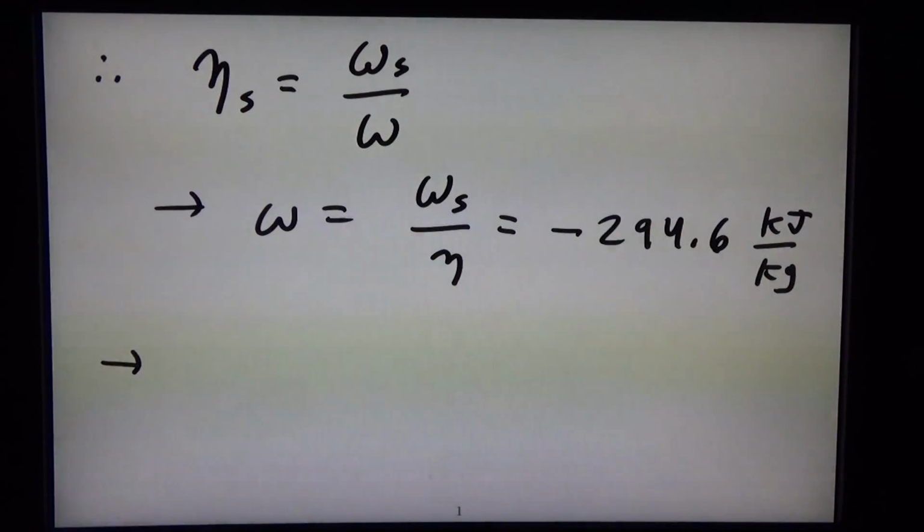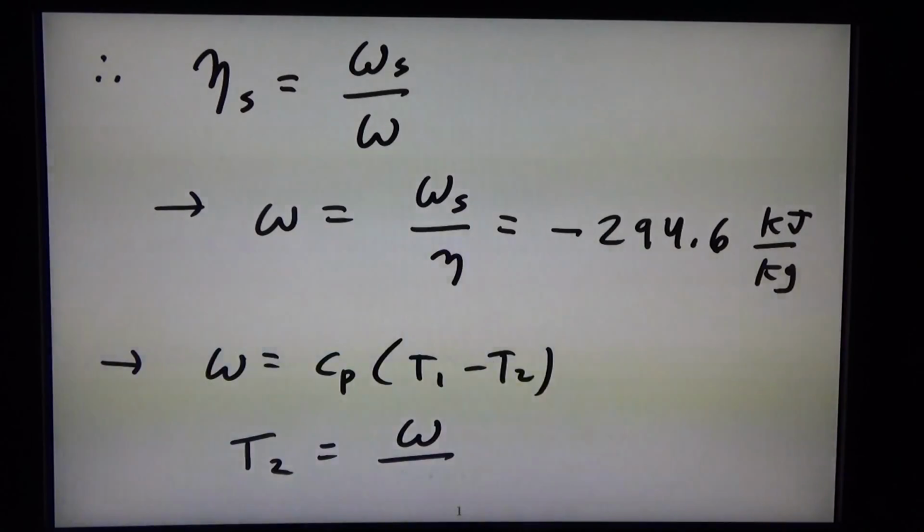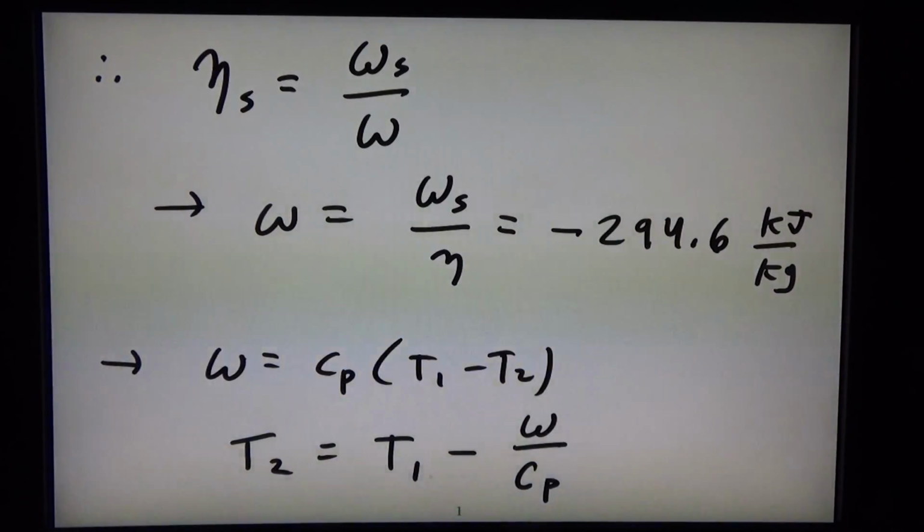So if we have the actual work is equal to C sub P times T1 minus T2, then our T2 is T1 minus work divided by C sub P. So we're going to have to get C sub P average between T1 and T2, but we don't really know what T2 is, so we can just assume a C sub P at T1, which was 285.